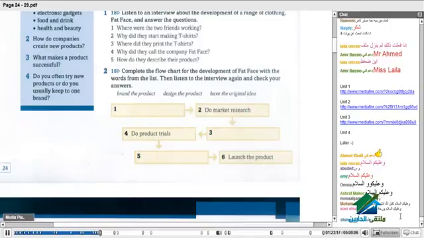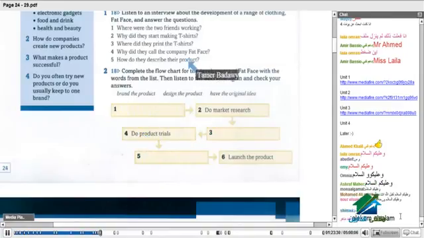Then you need to research the market. Then you will make product trials. Then you will design the product, then the branding.